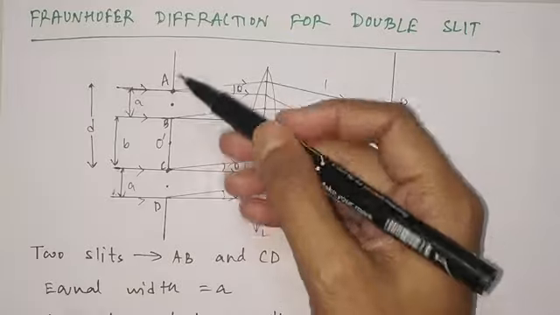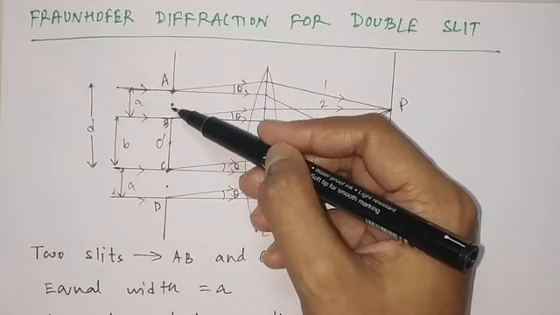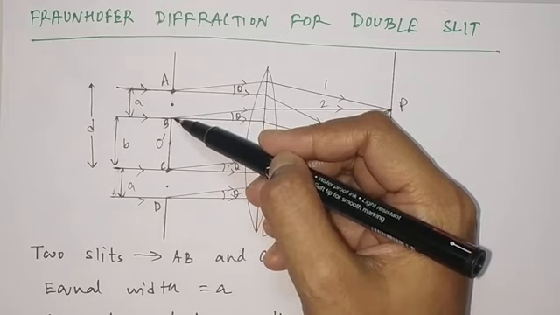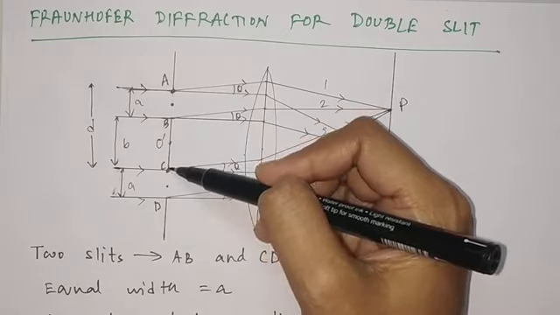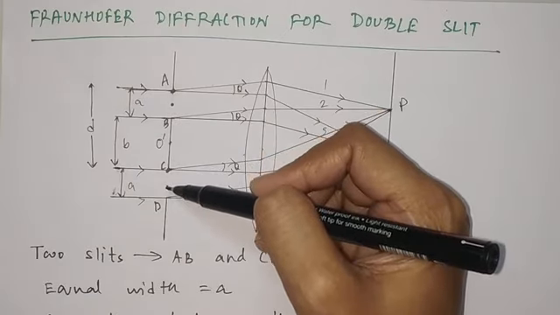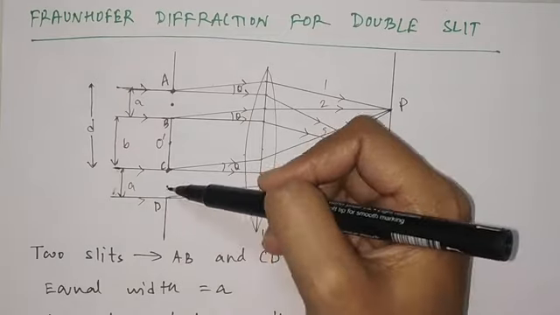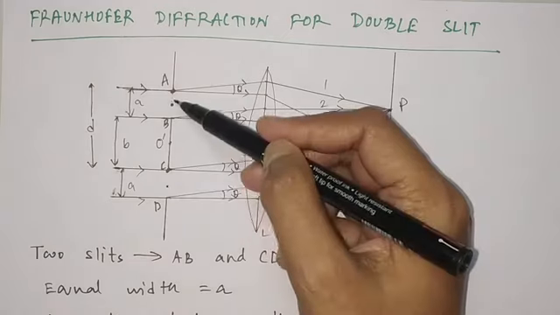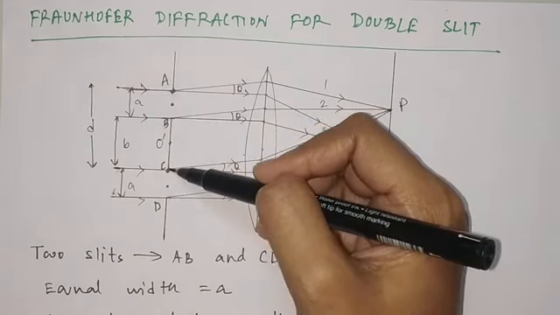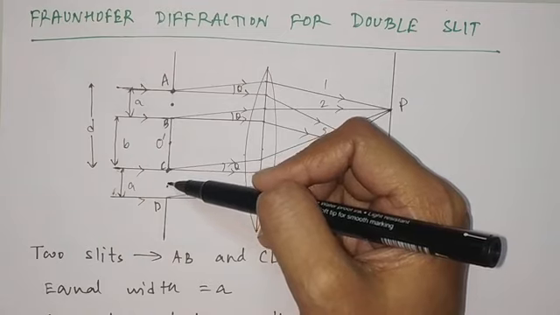This much distance is a by 2 because it is half of the width of the slit. Then we have b, and then this much distance, which is again half of the width of the second slit, a by 2. So it is a by 2 plus b plus a by 2, which is equal to a plus b.